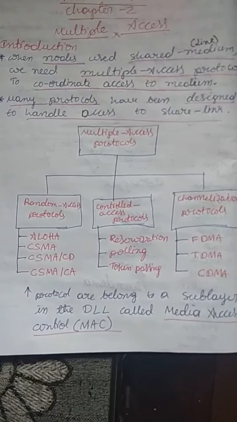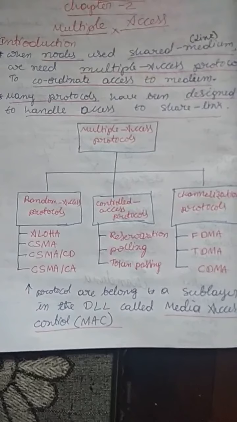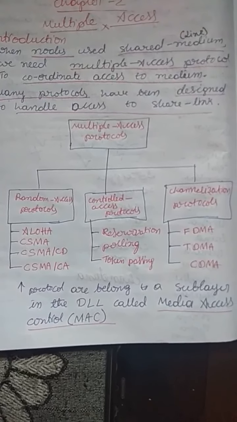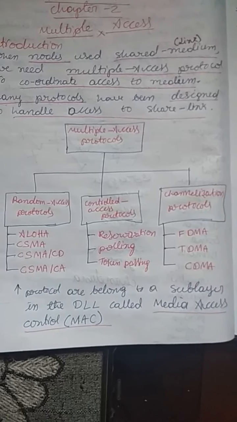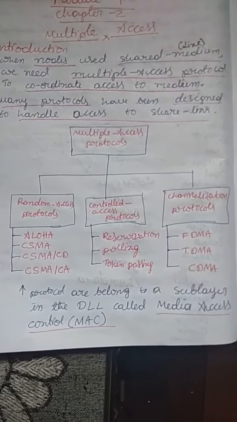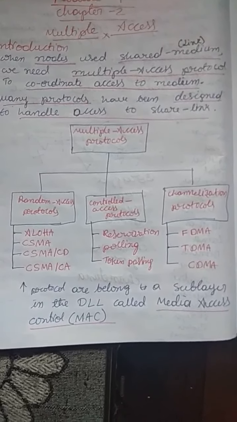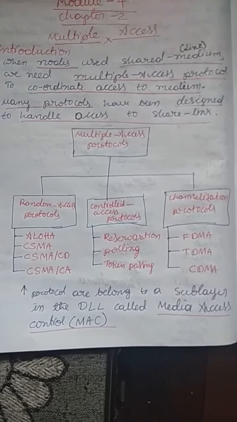Okay, next, under controlled access protocol there are three types: reservation, polling and token passing. Next one, channelization protocols. There are three types: FDMA, TDMA, CDMA.